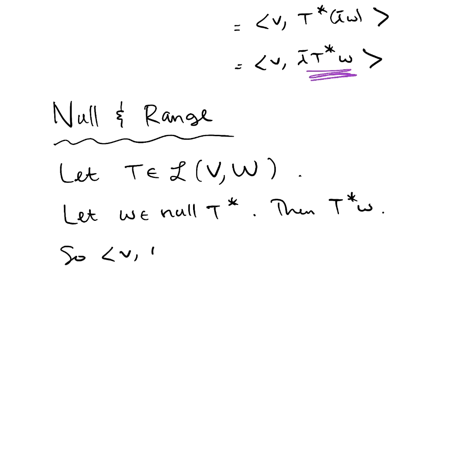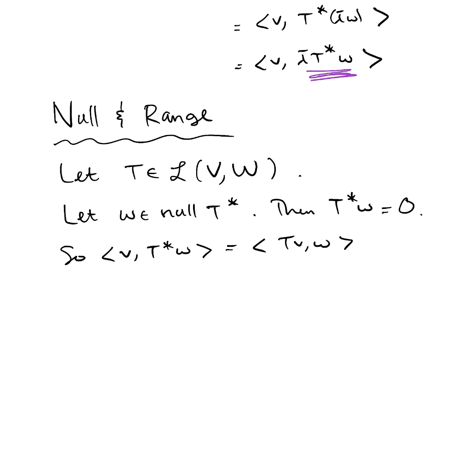So the inner product of V with T star W, which is TV inner product with W, is 0 because remember, T star W is 0.